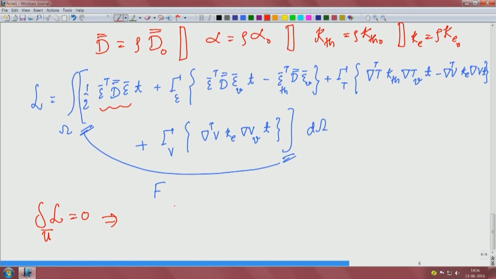When you take variation, what I get, omega, I will leave it in the weak form. So, I will get epsilon transpose d del epsilon, okay, and then T, and then here also there is epsilon.